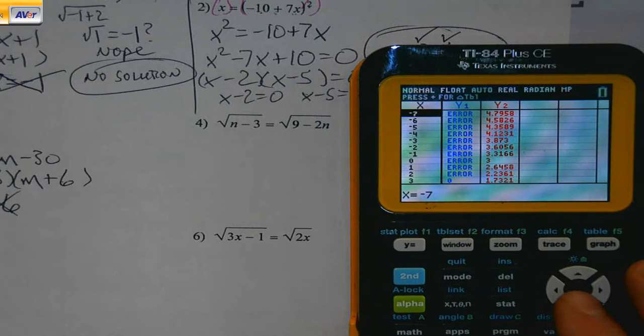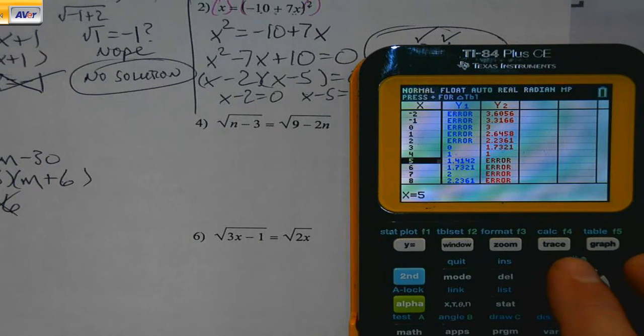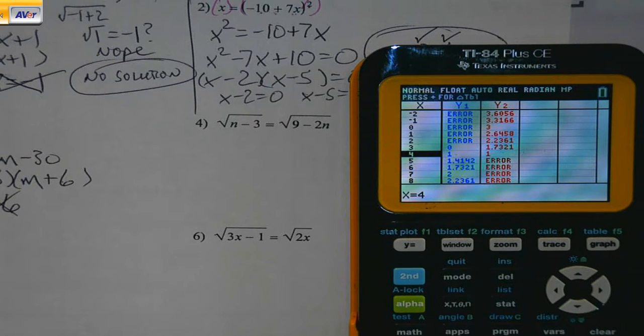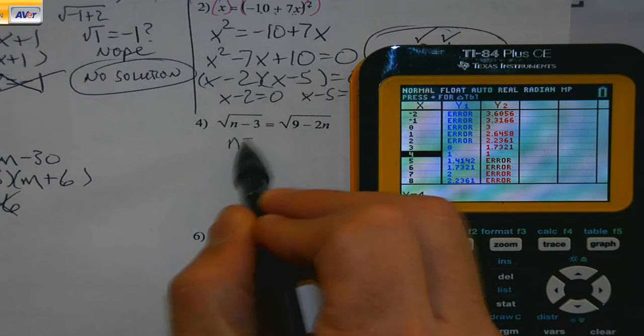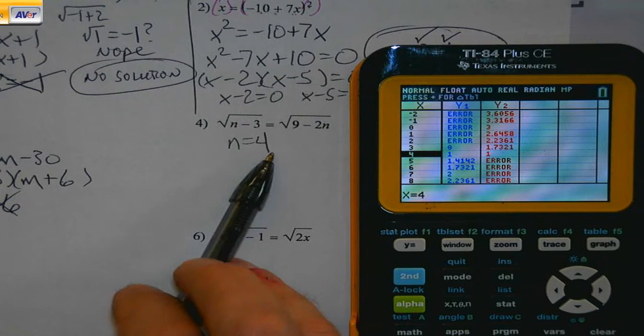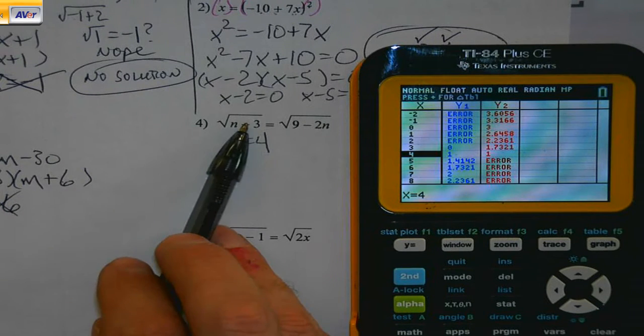This is where we have to be problem solvers and look at this. So if I go to the chart, here's what I'm looking for. If I see the same y value for both of them, the x value is the solution. If I plug in 4, 4 minus 3 is 1, the square root of 1 is 1.